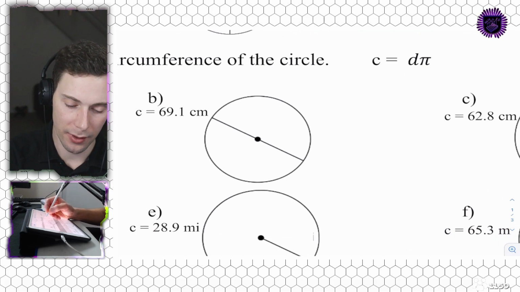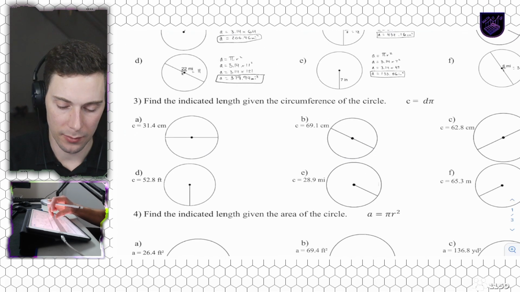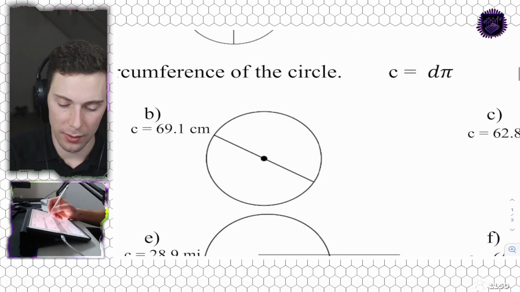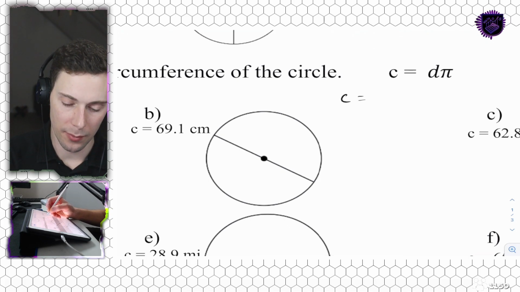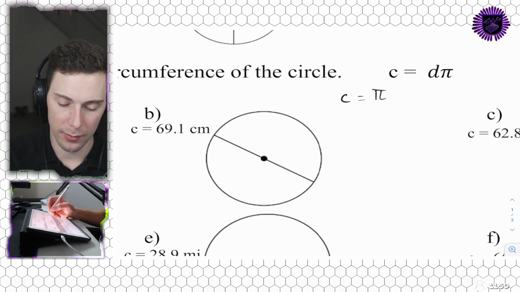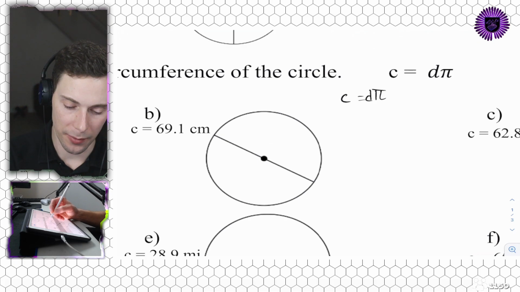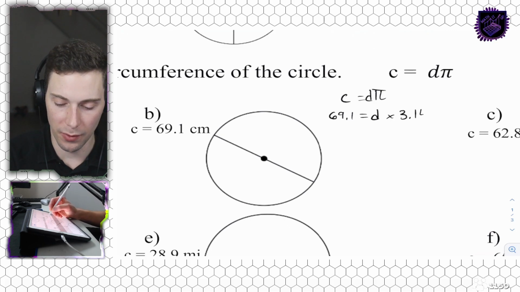Circumference is equal to diameter times pi. So we have our circumference, it's 69.1 is equal to diameter times 3.14.